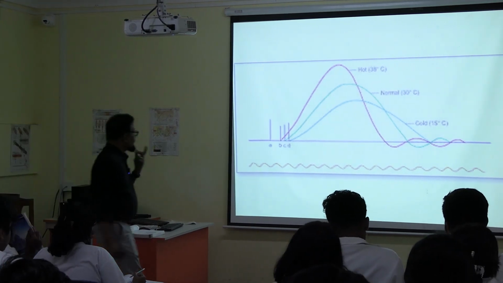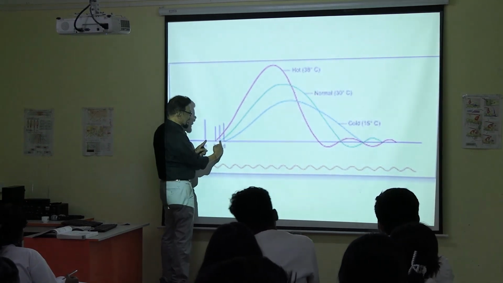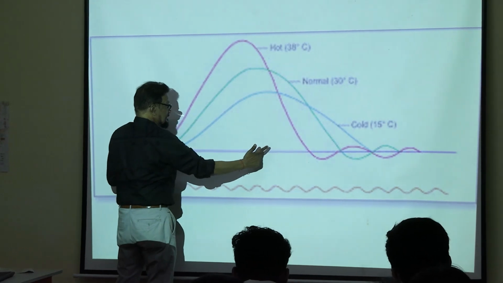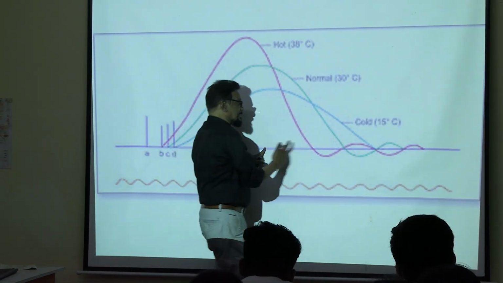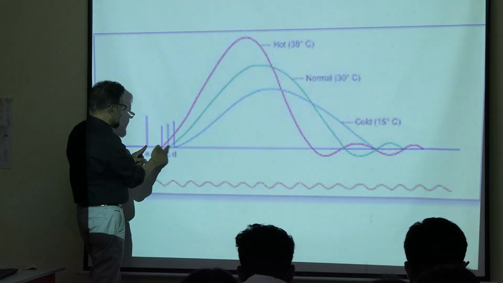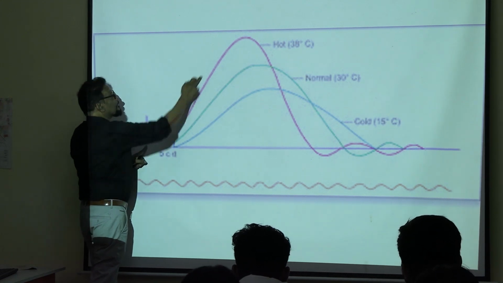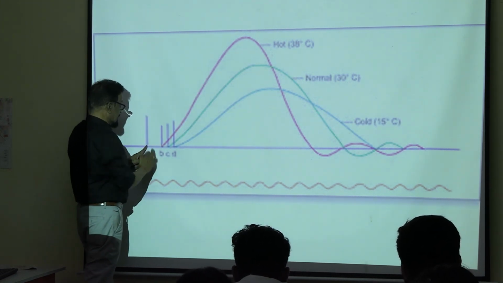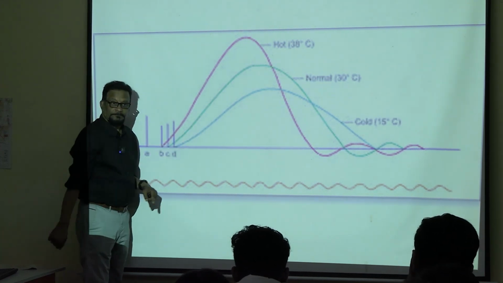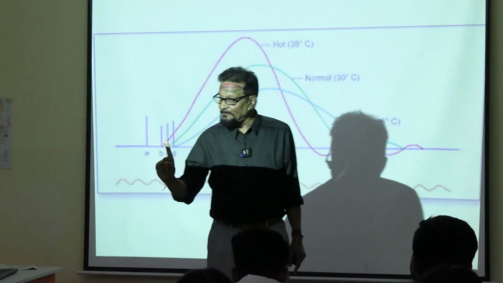This is the ideal one. Here the green one is the normal. So this is the latent period, this is the contraction period, and this is the relaxation period. See, latent period is decreased here with hot saline. Latent period is increased with cold saline. So this is our observation on latent period.